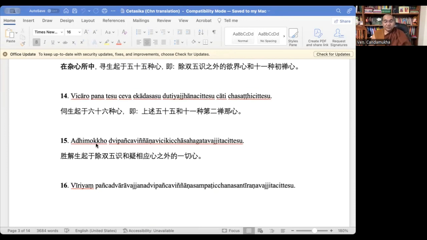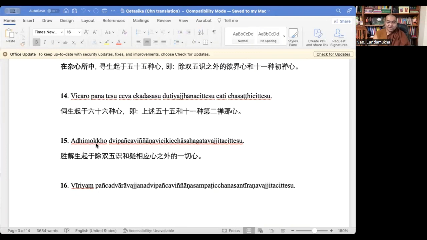And also in the case of the Vicikiccha Sampayutta Citta, Vicikiccha is skeptical doubt, confusion, while Adhimokkha is a decision, so they are diametrically opposite to one another. That's why Adhimokkha Cetasika does not associate with the Vicikiccha Sampayutta Citta. So altogether 11. Among the 89 Cittas, minus 11, you get 78.